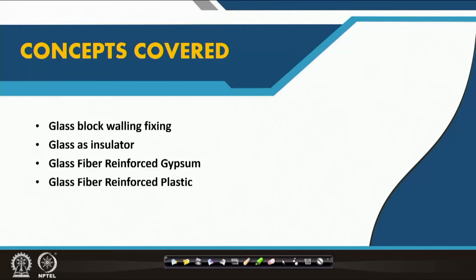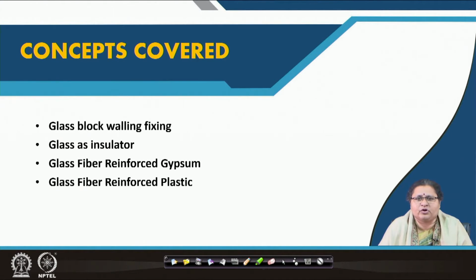So, now we had already exposed you to the glass wall in the previous lecture, where we discussed glass blocks which are fixed one after the other to form a wall. Now, what is there inside? Is it like brick masonry, putting some mortar, sand and cement mix, or is it something else?